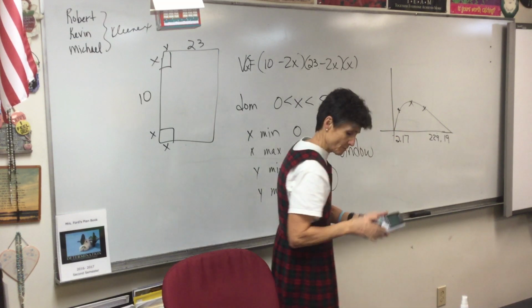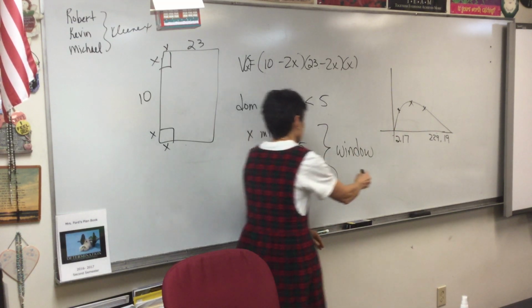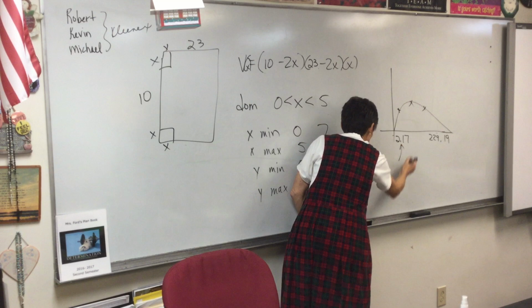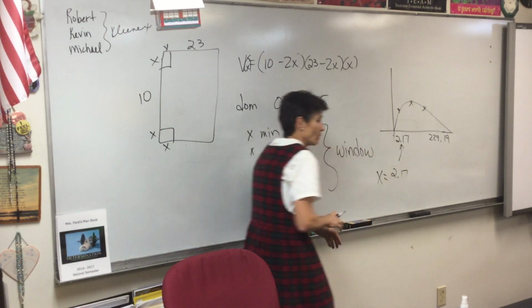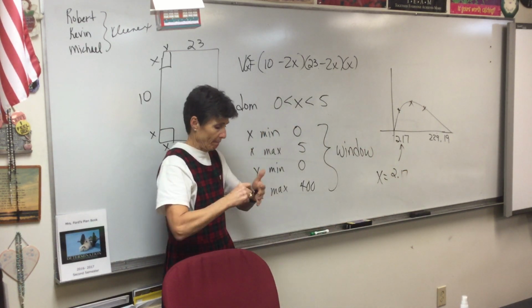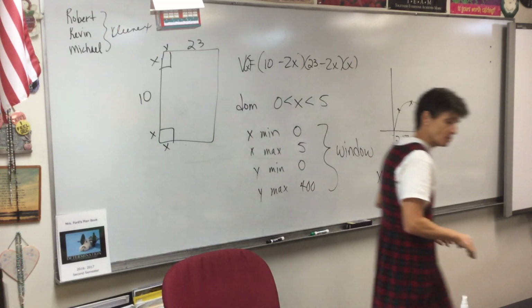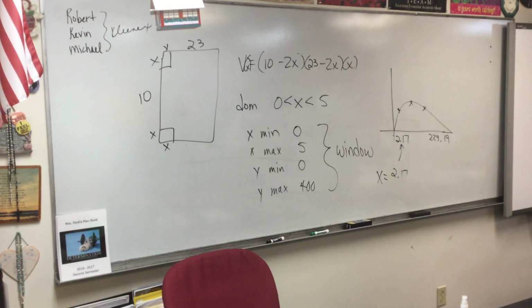So what's the answer this time? X equals 2.17. That would be your answer. Okay, Austin, those are all done exactly the same way.